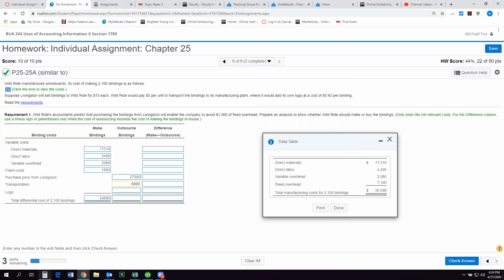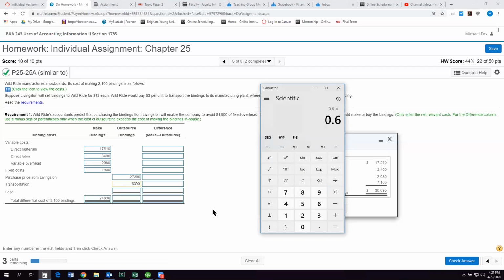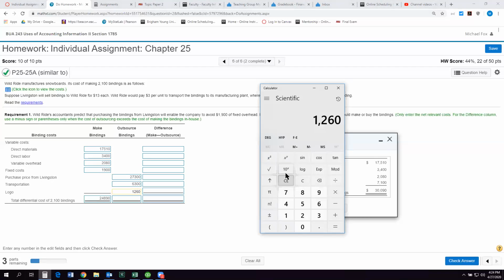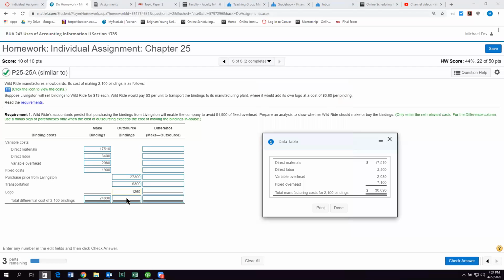And then the logo is going to be 60 cents times 2,100, or $1,260. So the total cost of outsourcing them would be 27,300 plus 6,300 plus 1,260, or 34,860.